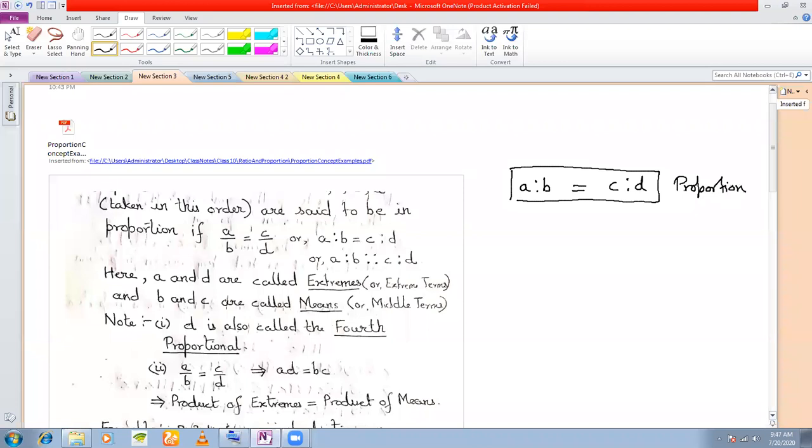That is the definition of proportion. Now, what do you mean? What are these called? If A is to B is equal to C is to D, these two are called the extremes.